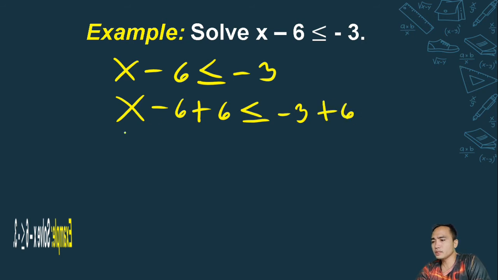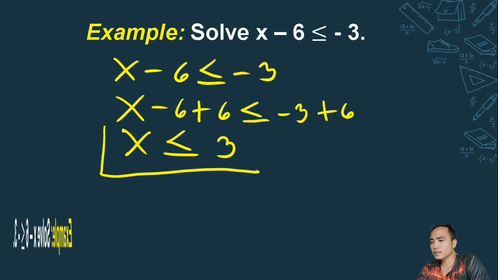So x, this is 0, less than or equal to negative 3 plus 6. Going to subtraction, 6 minus 3 is 3. Positive is our bigger number, so positive 3. Therefore, x is less than or equal to 3.